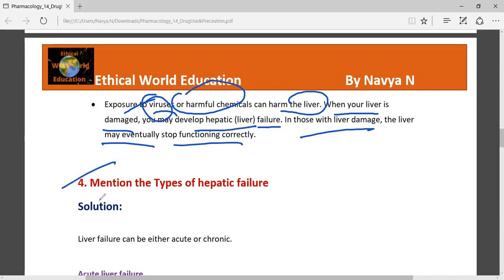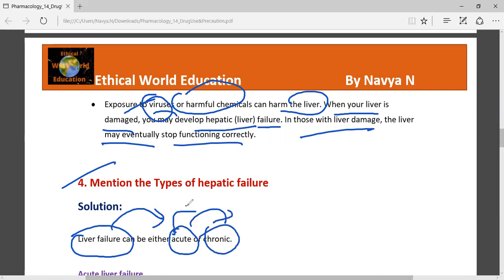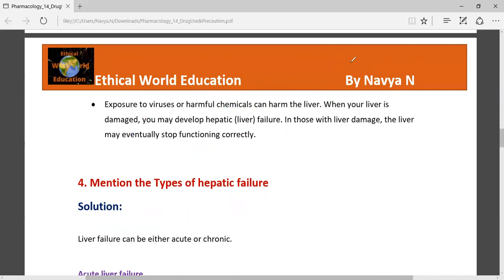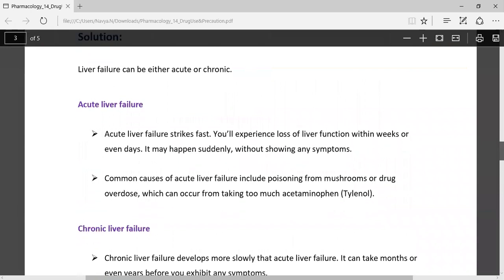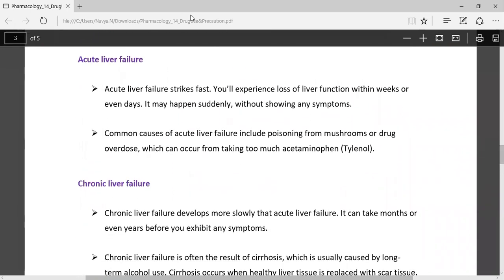Now the next topic is the types of hepatic failure. Liver failure can be either acute or chronic. Acute means, as I just told you, a serious illness.